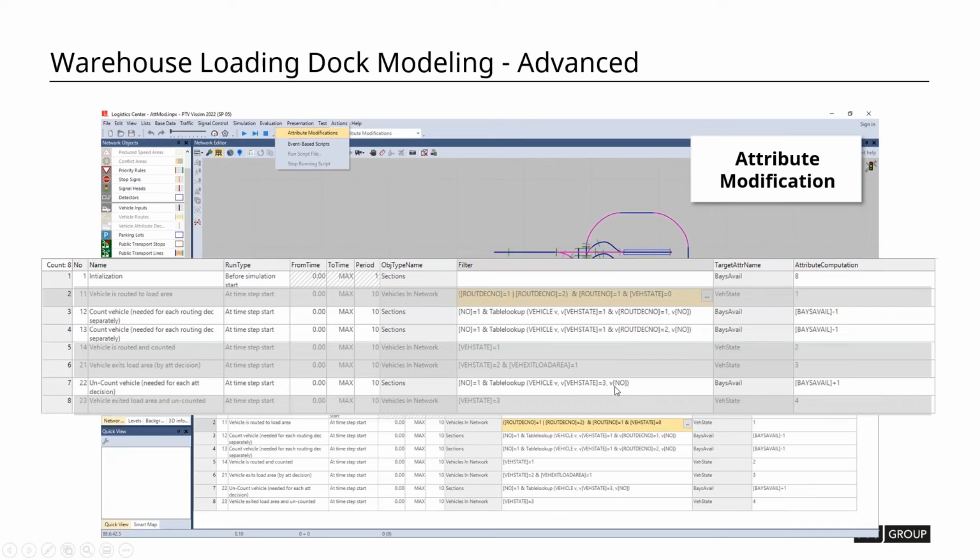And then the fourth one here, for this bays available calculation: if the vehicle state changes from 2 to 3, it's going to be triggered as a counter, and add one to the current bays available information, so that it could go back up to whatever the number should be.